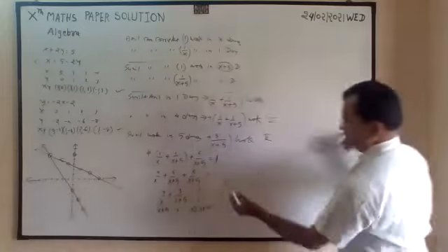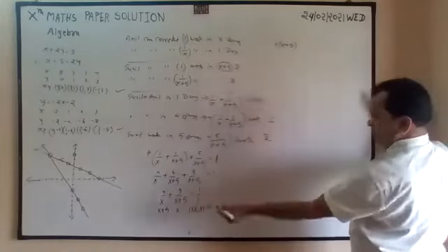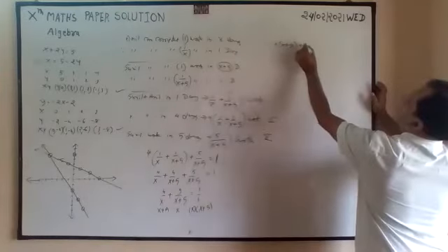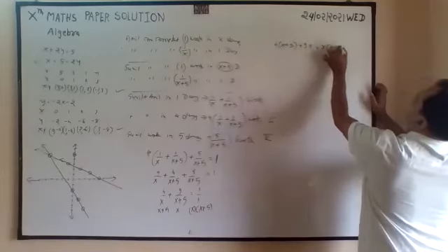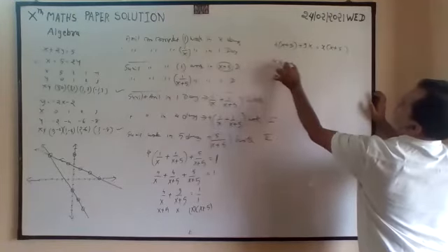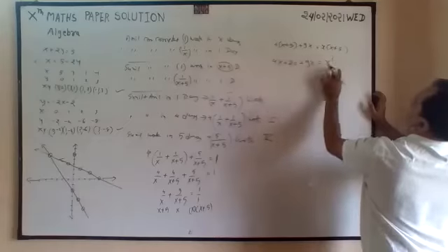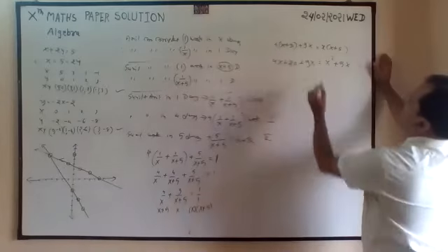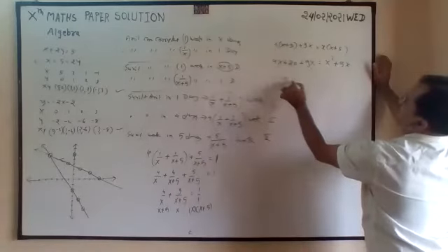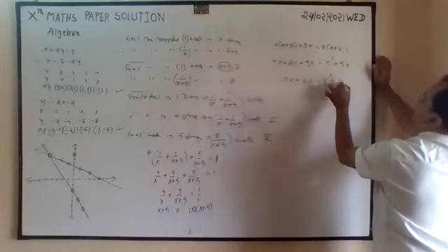Now this into this means 4 times x plus 5 plus 9x is equal to x times x plus 5. So 4x plus 20 plus 9x is x square plus 5x. This 13x plus 20 equals x square plus 5x.